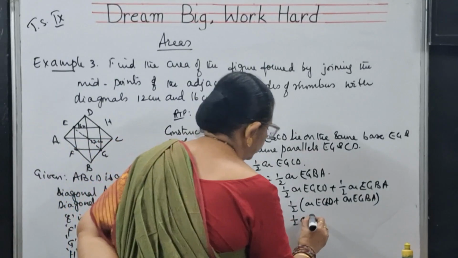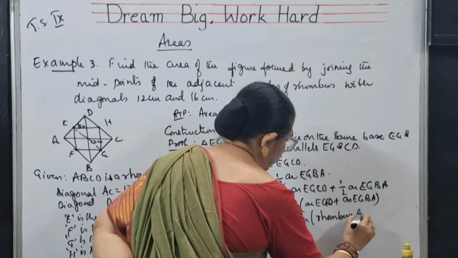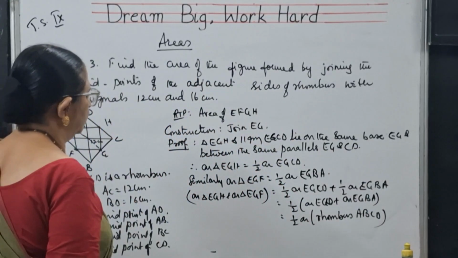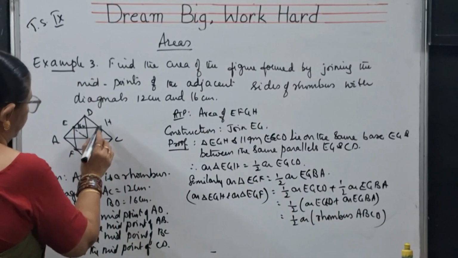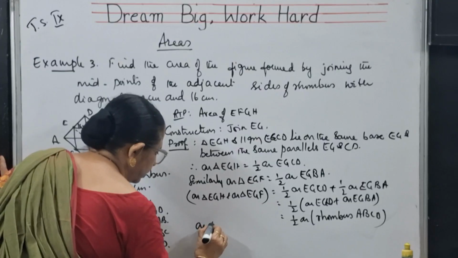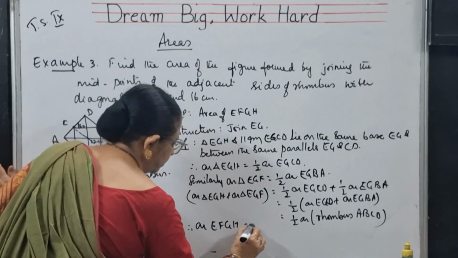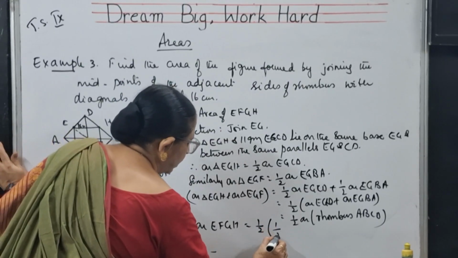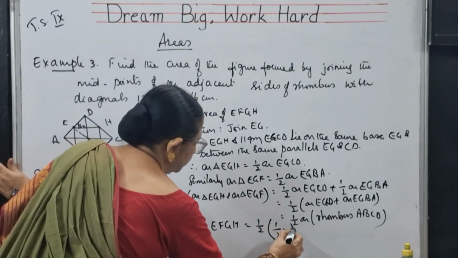Half area of rhombus ABCD. So this is nothing but area of EGH and EGF is nothing but area of EFGH. Therefore, area of EFGH is equal to half into area of rhombus, which is half into D1 into D2.